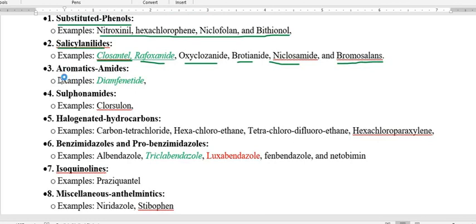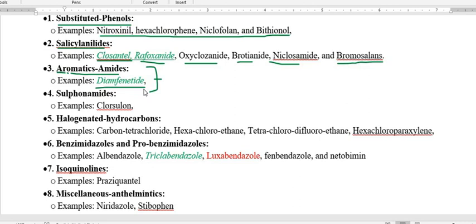Next one is the aromatic amide. In this only one drug is there, and the name of the drug is diamphenethide. What is very interesting about this is that diamphenethide is also used against very young flukes, even 1 day old.